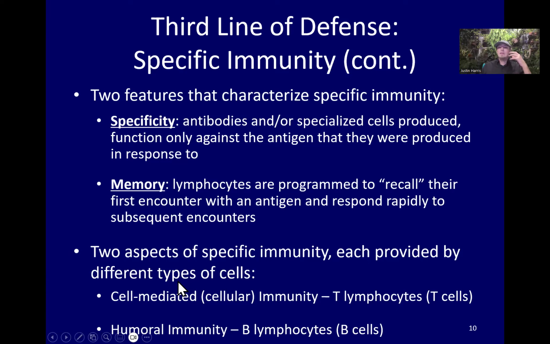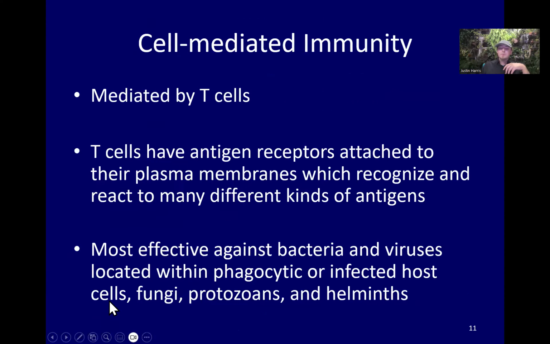And so these immunities can come in B cells and in T cells. T cells facilitate cell-mediated immunity, while B cells facilitate humoral immunity, which is more of your blood.